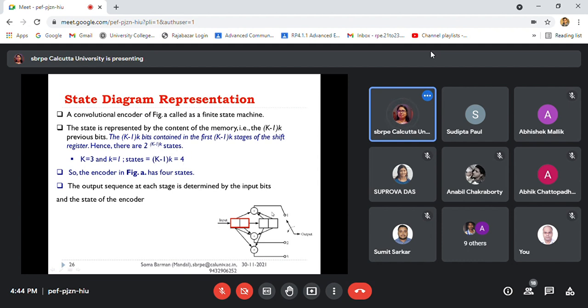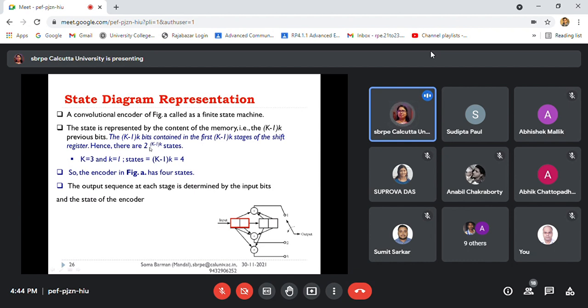But if small k is equal to 2, because the memory can hold 2 bits of information, and capital K is also 3, then it will be 2 to the power 2 times 2, that means 2 to the power 4.